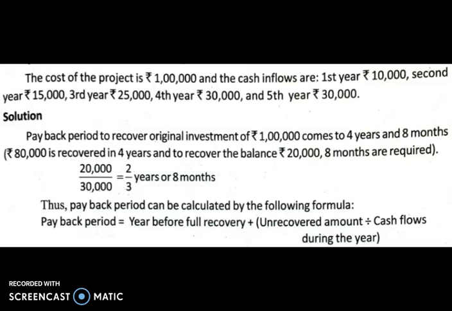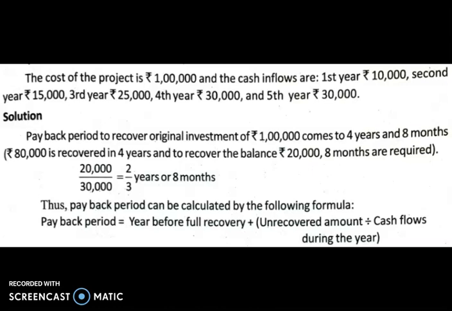Add the years in which we get complete recovery of part of the investment. That is first year 10,000 plus second year 15,000, which is equal to 25,000, plus third year 25,000 gives you 50,000, plus fourth year 30,000 gives you 80,000.